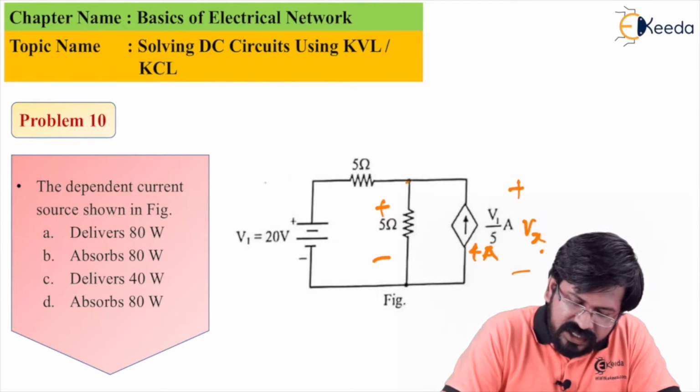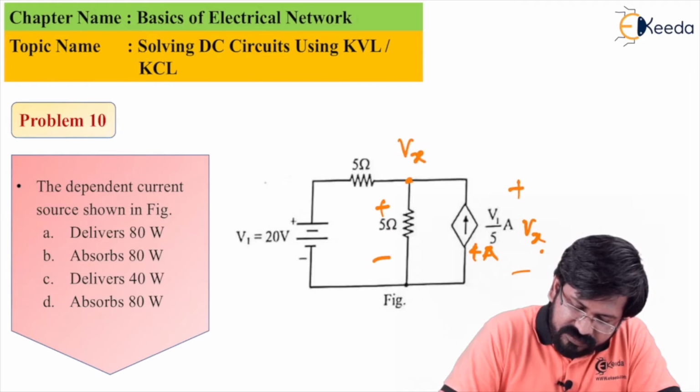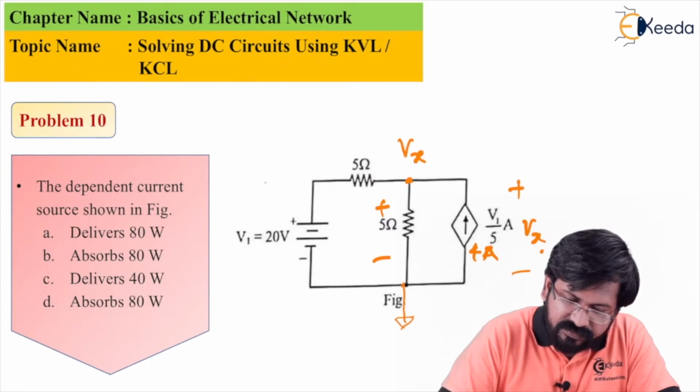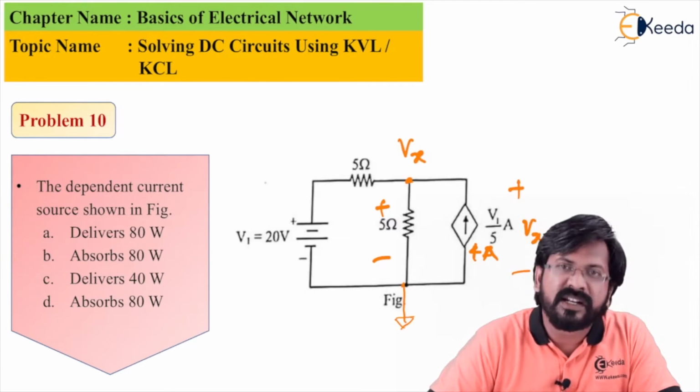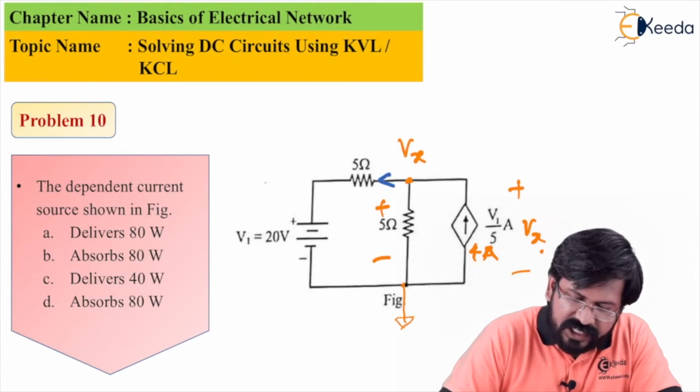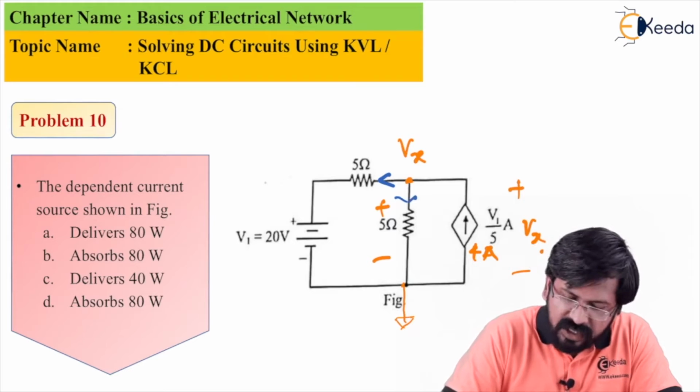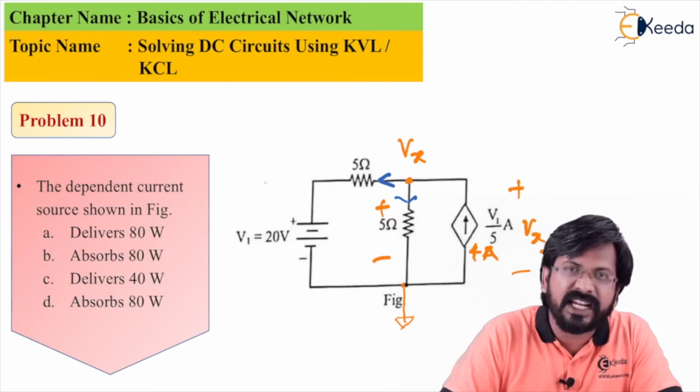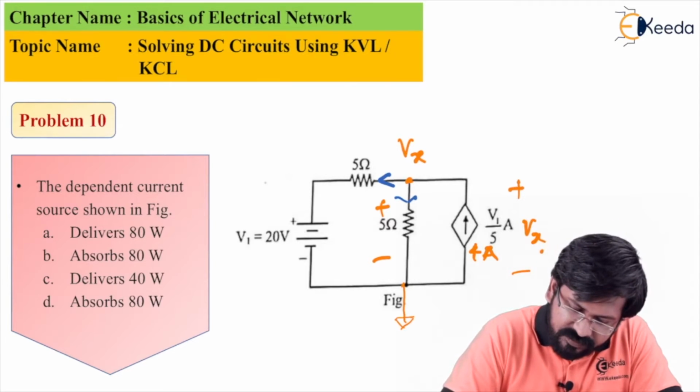Rather, I can consider this node as Vx itself. Now by the KCL concept, I can consider the first branch current as outgoing, the second branch current as outgoing, and the third, because the current source is given and I cannot change the direction, I should consider that current as an incoming current.